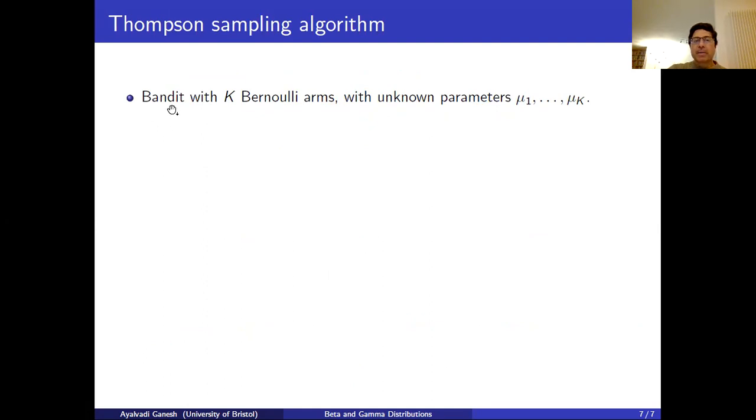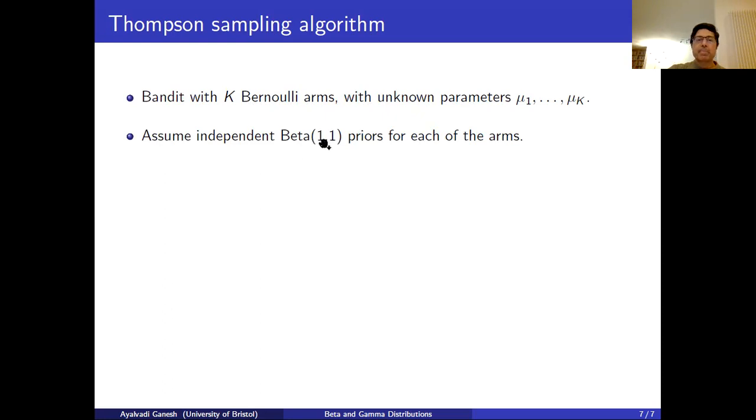So we have a multi-arm bandit with k independent Bernoulli arms, and the rewards are Bernoulli distributions with these unknown parameters mu1 through mu k. I'm going to assume independent beta priors for each of the arms.